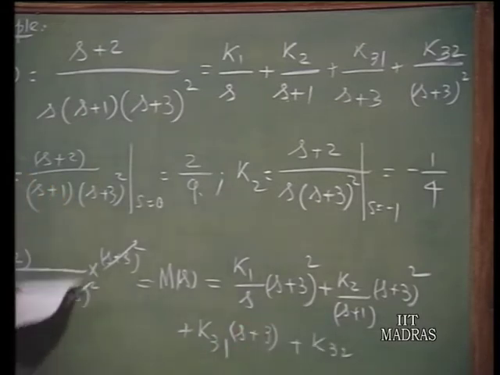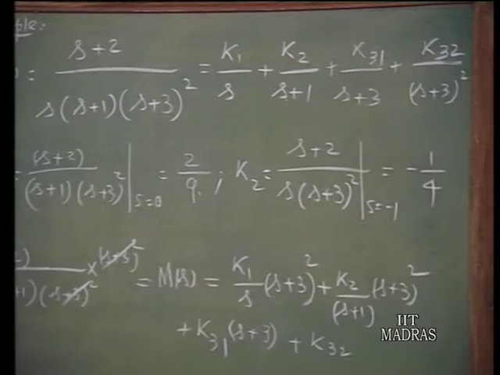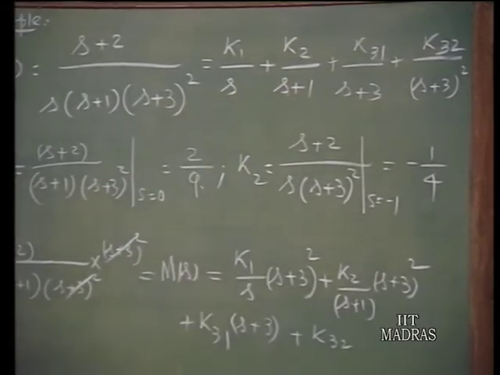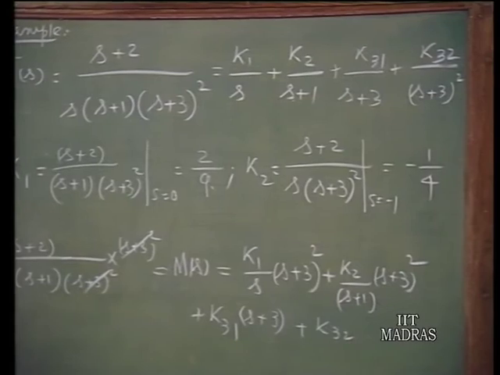So, on multiplying this by s plus 3 whole squared, the terms corresponding to the partial fraction, each term gets multiplied by s plus 3 whole squared.